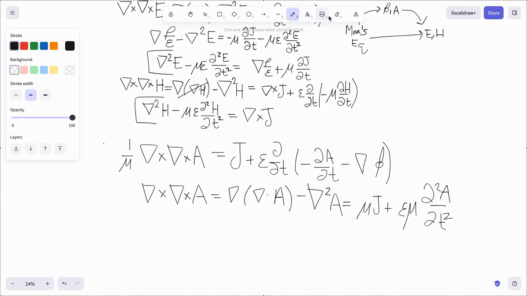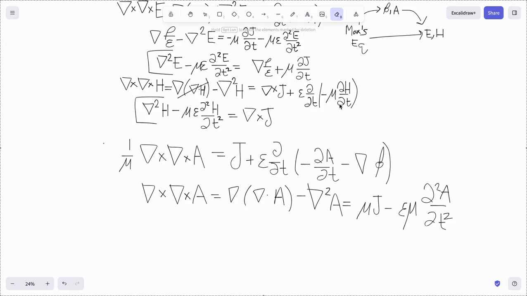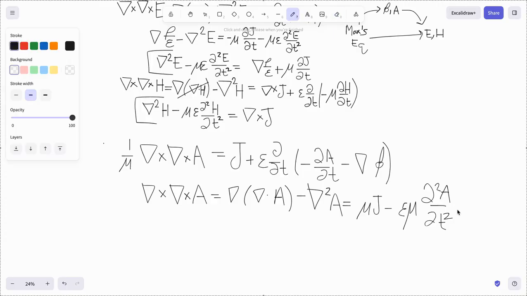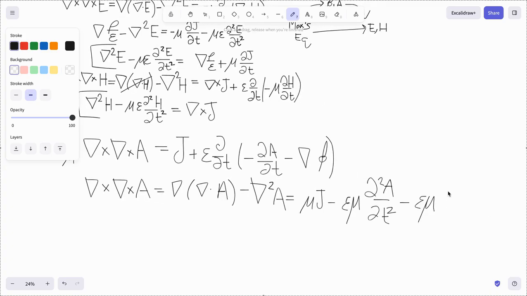And wait, I think that's supposed to be a subtraction sign. Yeah. Minus epsilon mu of the gradient of the derivative of phi with respect to t.